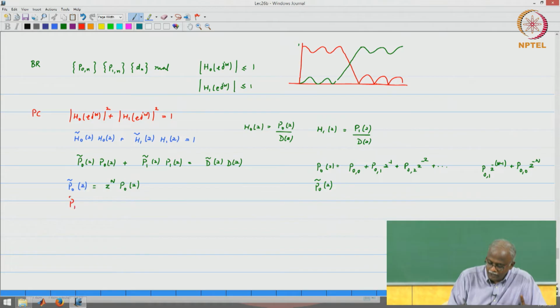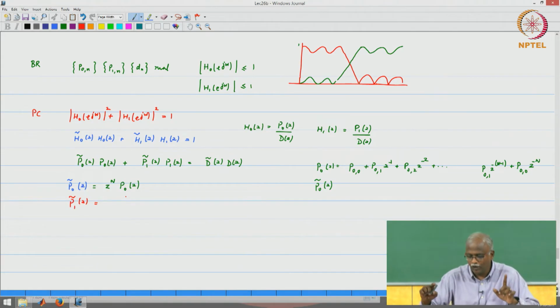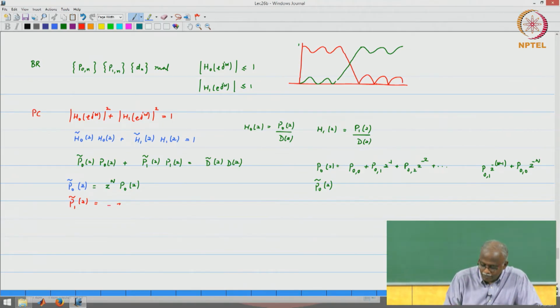Similarly, P1 tilde of z has the same type of relationship, but now there is a minus sign because of the anti-symmetry. So this can be written as minus z^-n P1 of z.